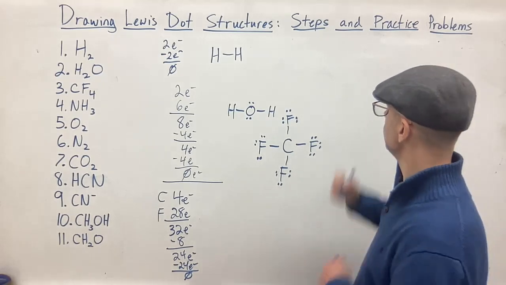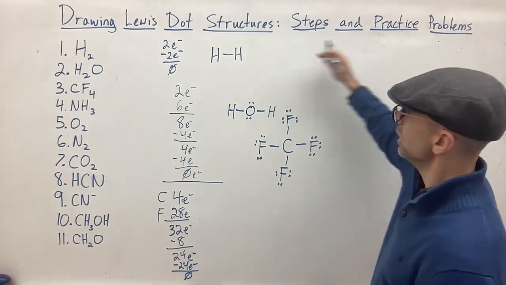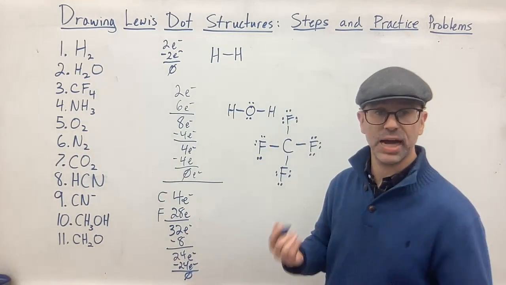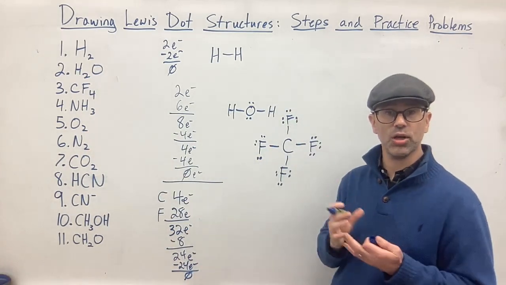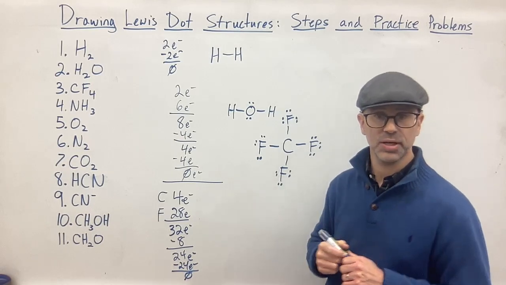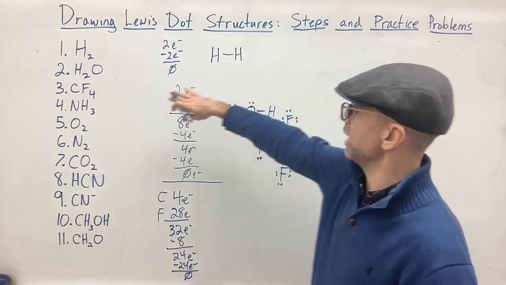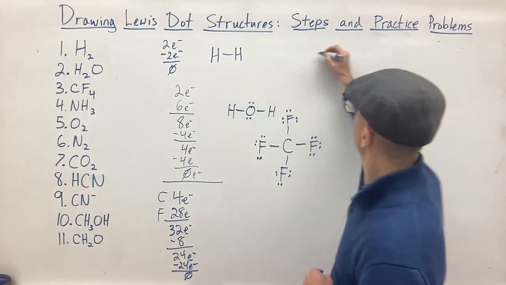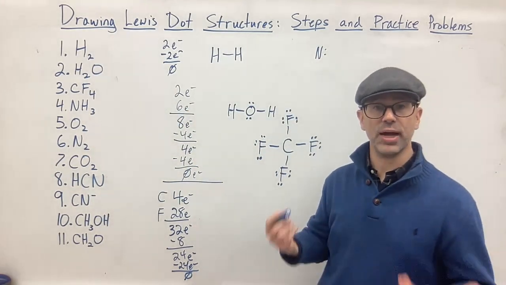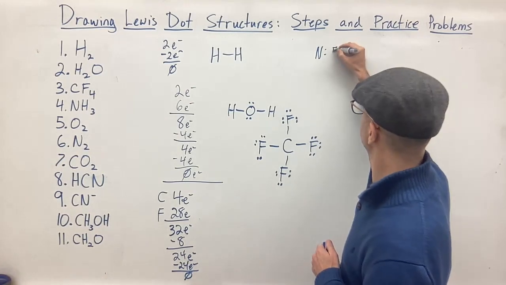So NH3 has a nitrogen and 3 hydrogens. So we got a first step, total up the number of valence electrons for our molecule. Nitrogen is in group 5, so it has 5 valence electrons.